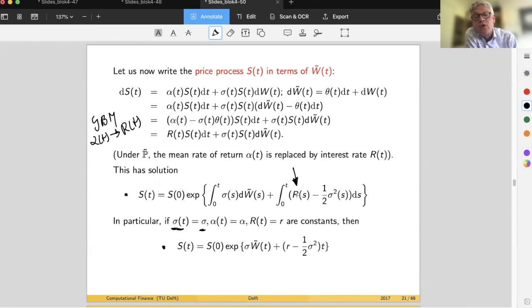Because when these are all constants, this is a simple integral that we can easily evaluate, and the same goes for this one. When this is a constant, then we end up with W tilde_t minus W tilde_0, but W tilde_0 is equal to 0.